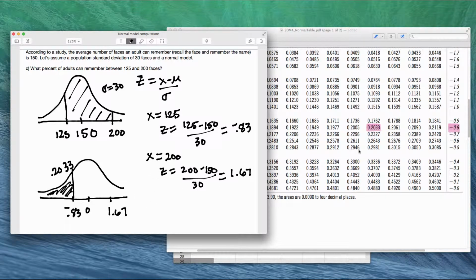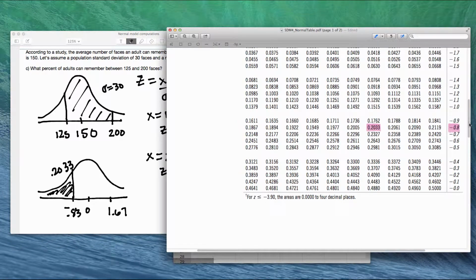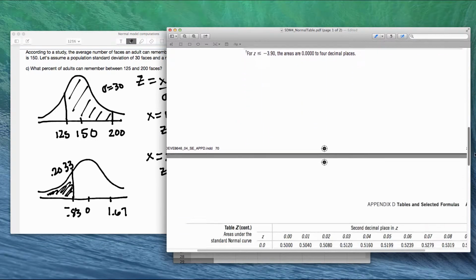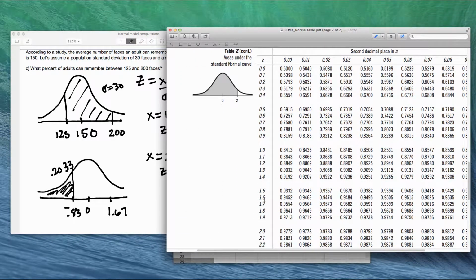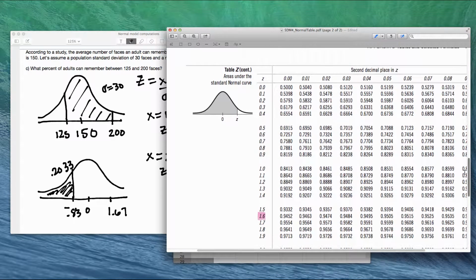Now let's go to 1.67, back to the normal table. We need to go to the positive z values, 1.6 for the row and 7 for the column, so they intersect here at 9525. Now you might recognize these numbers because they were in the last two videos, and I did this on purpose.